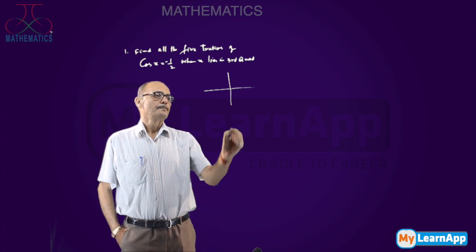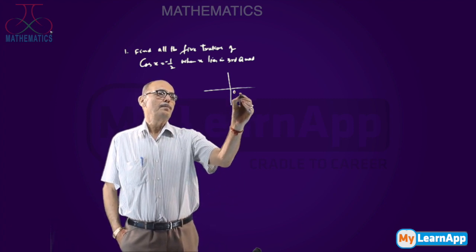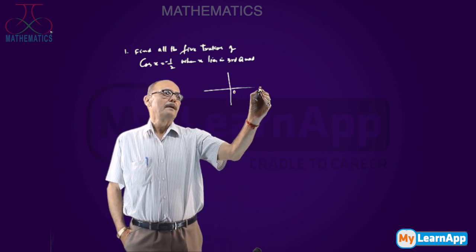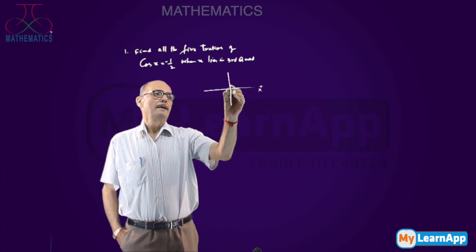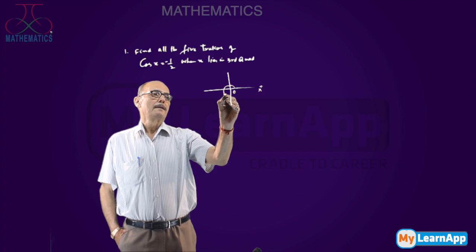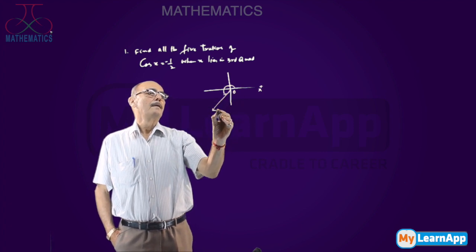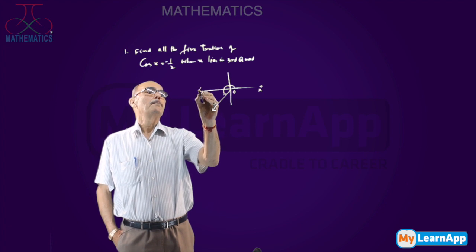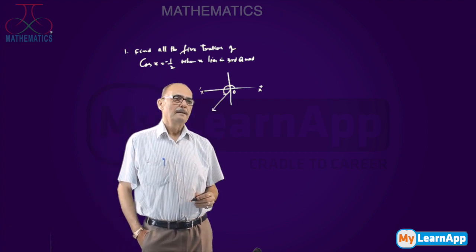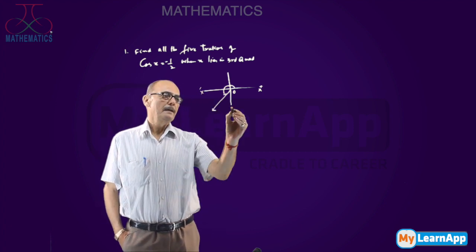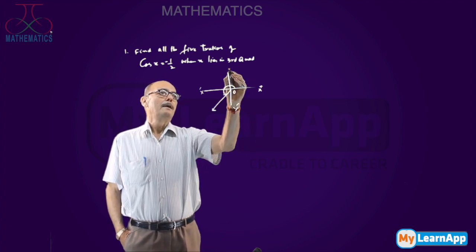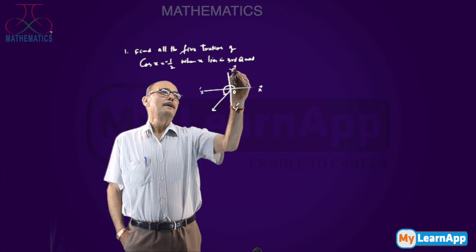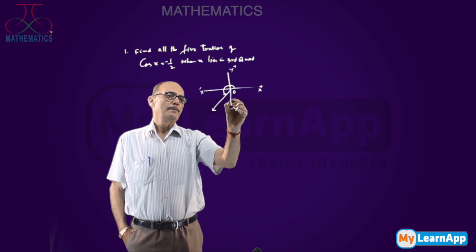Starting from O plus x we have angle which lies in the third quadrant. The magnitude of the angle in the third quadrant will be between 180 degree and 270 degree.